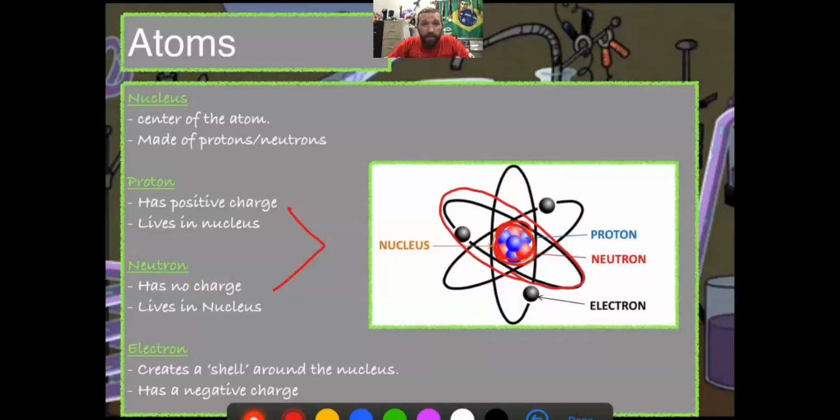Now they're negatively charged, okay? So protons, remember pro means positive, they're positively charged, and electrons are negatively charged. And the cool thing is that you will have the same number of electrons as you do protons, most of the time, or ideally. So if I have a carbon atom, carbon has 6 protons, it also has 6 electrons, and they cancel each other out.